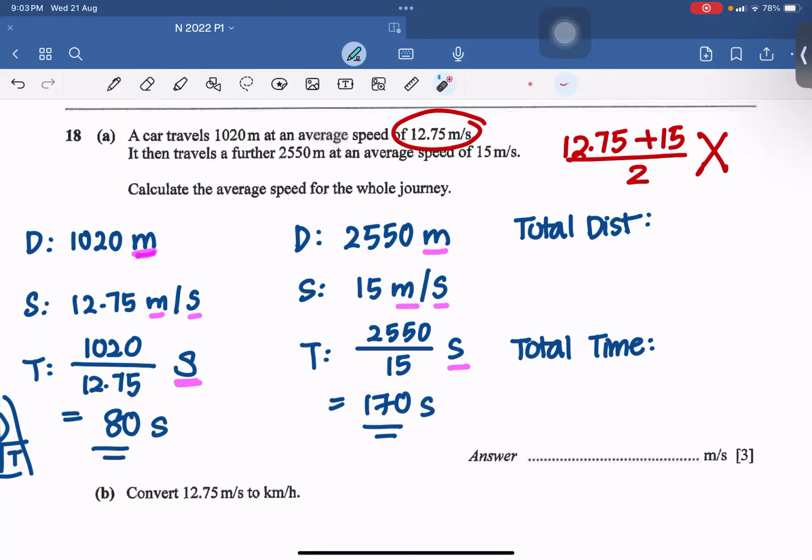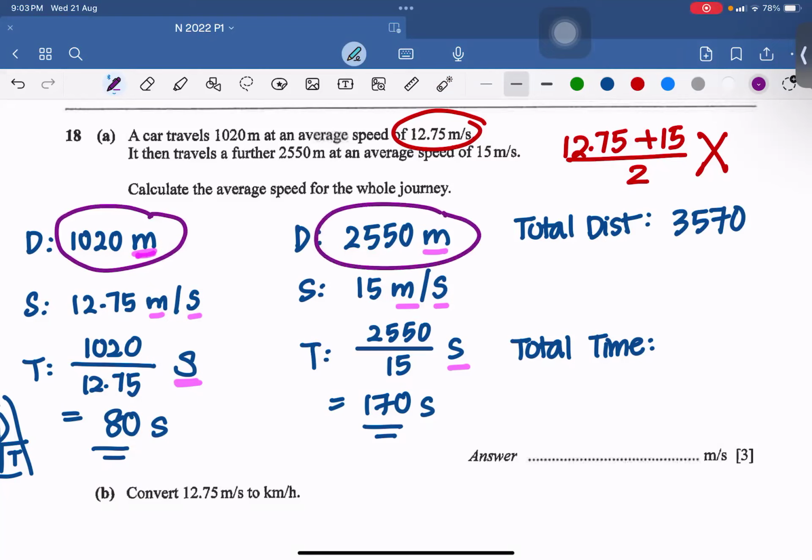Now I'm going to add up the total distance. 1020 plus 2550. My total distance is 3570 meters.